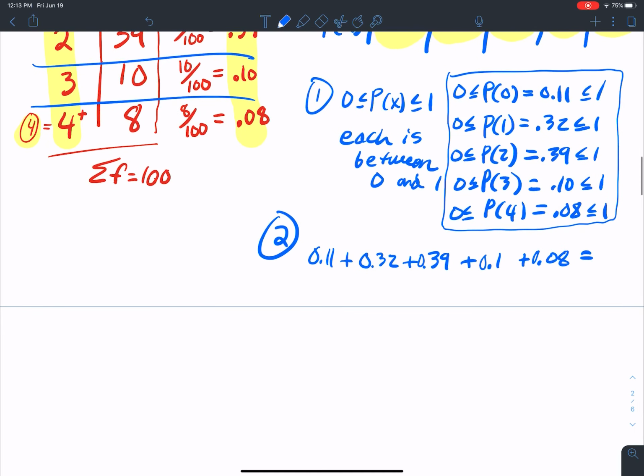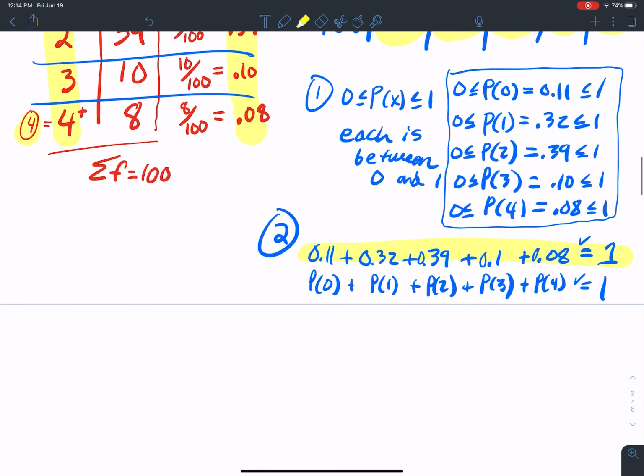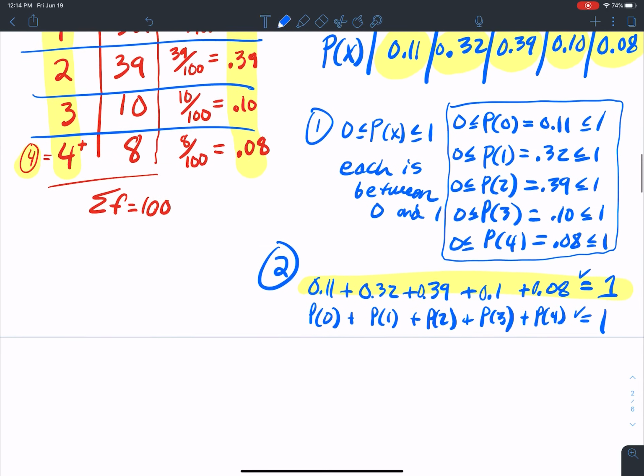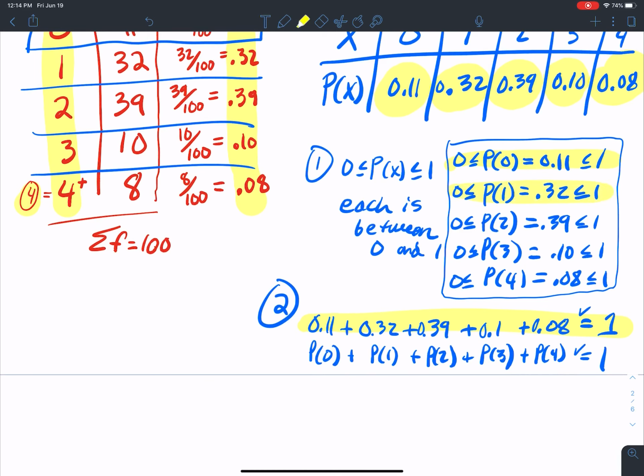If I add them up, I get 1. That's the other thing that I want to see written out on your paper. If you want to write P of 0 plus P of 1 plus P of 2 plus P of 3 plus P of 4 equals 1, and then write this other line too, that's fine. But at a minimum, you have to write this. This is your minimum. You get those two things, you get it right.